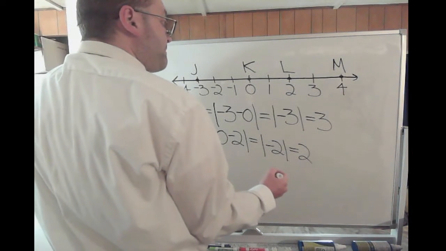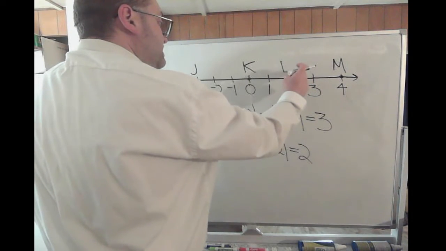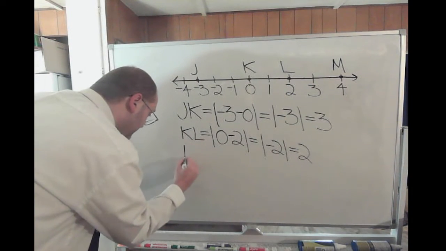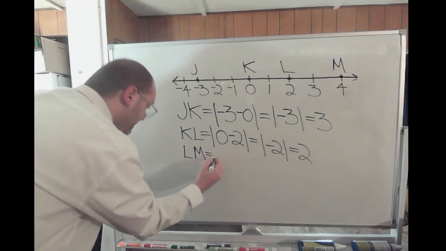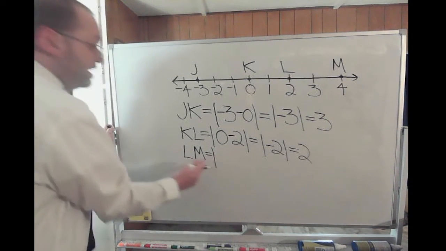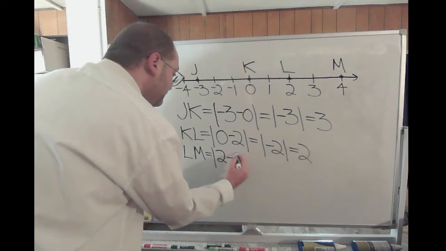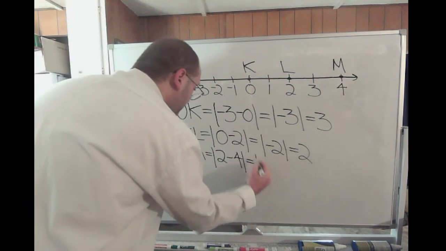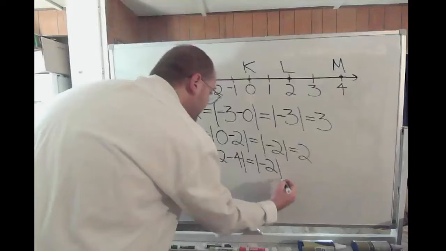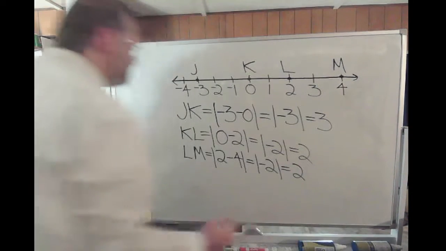Now let's find LM. To find the length of that, you would take 2 minus 4. The absolute value of 2 minus 4 also gives you the absolute value of -2, which gives you 2.